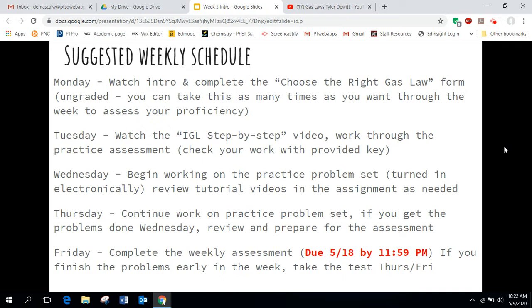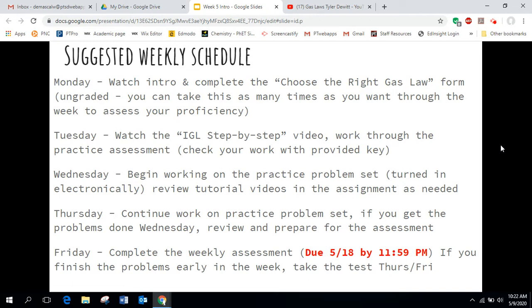So this week's going to be a little bit different. We only have 2 graded activities this week. Hopefully you're watching this on Monday. Once you get done with this, in the assignment post, there'll be a choose the right gas law activity. It's an expanded version of what we did a couple weeks ago. I want you to go through there and see if you can, just after this video, identify which of those problems in the form need Boyle's law, Charles's, Gay-Lussac's, combined, or ideal.